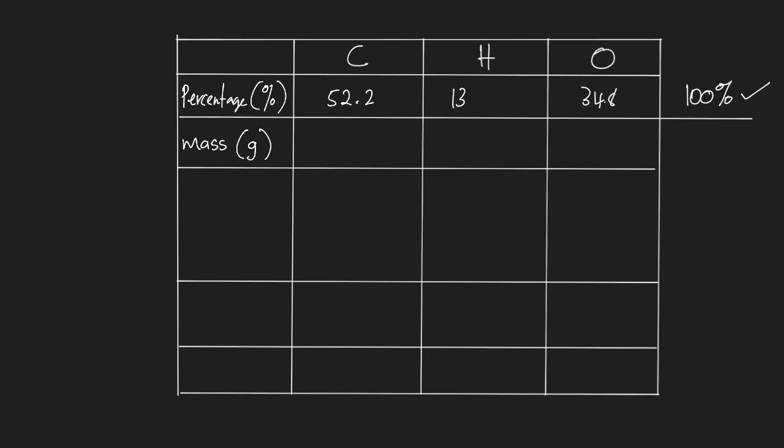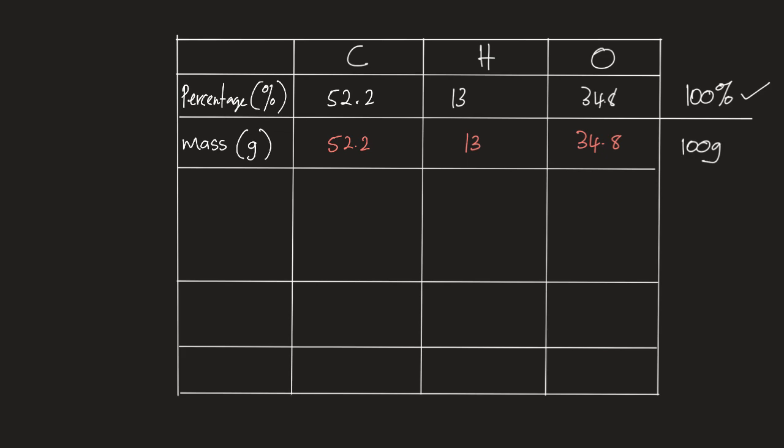Now, if it comes to 100%, the conversion from percentage to mass, because the mass is going to be 100 grams, is the same. So we'll fill in the mass: 52.2 for carbon, 13 for hydrogen, and 34.8 for oxygen. So now your masses are sorted out.